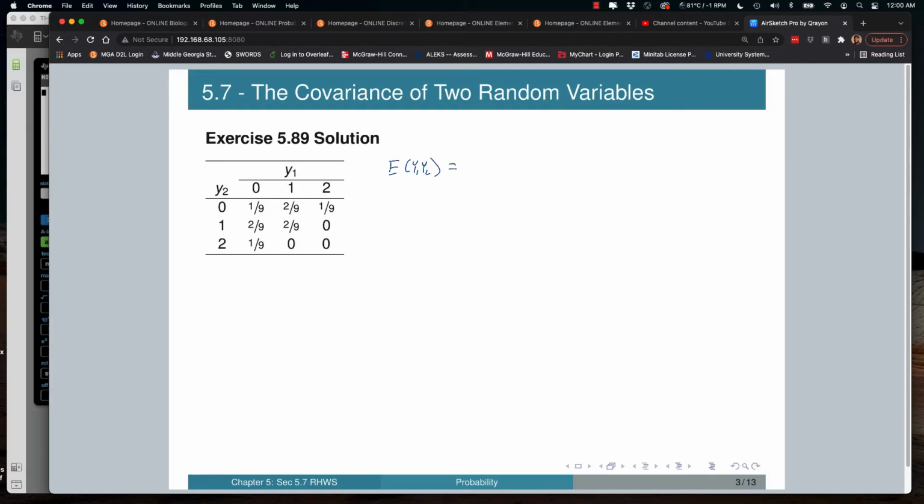We're going to go through and start multiplying each random variable value times its probability. So we've got 0 times 0 times 1/9 plus 1 times 0 times 2/9 plus, and we just keep going that way.